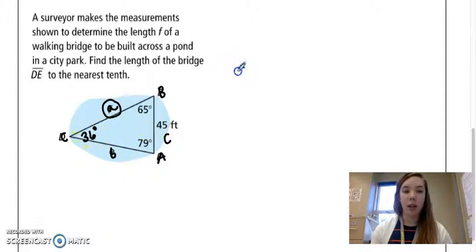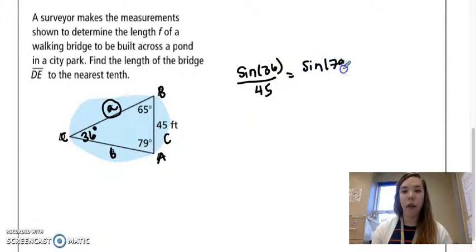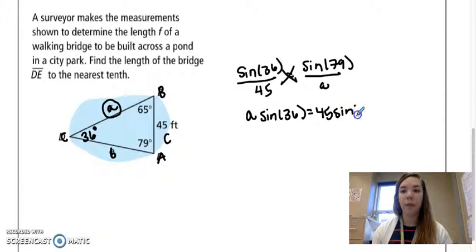So I'm going to say that the sine of 36 over its side of 45 equals the sine of 79 over little a. So if I cross multiply, I have a times the sine of 36 equals 45 times the sine of 79.